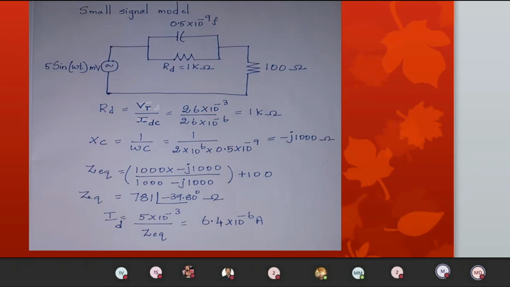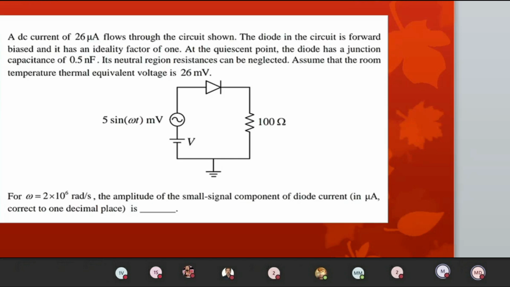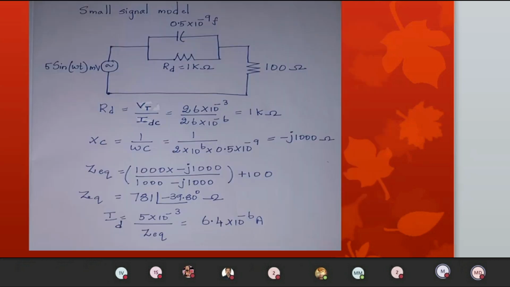This is the small signal model, and notice that I have the output load of 100 ohms. Now what is XC? 1 by omega C, right? Now what is the equivalent impedance? Sorry, 1000 into minus j1000 divided by 1000 minus j1000, because I'm getting the equivalent combination of the capacitance and diode resistance, which are connected in parallel, plus 100.